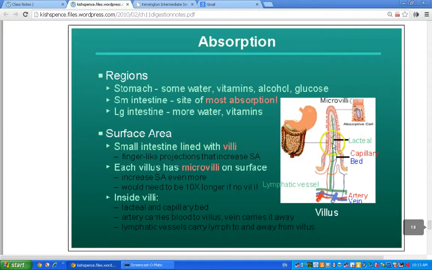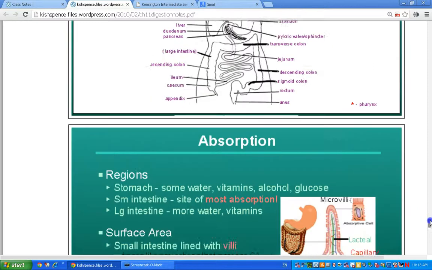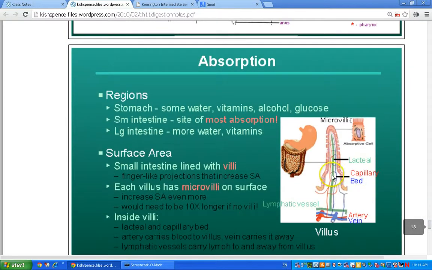Okay, so inside is the green vessel called the lacteal, and it is part of the lymphatic system. There are capillaries in here that can absorb certain things that are small enough, and there's a lacteal in here to absorb the things that are bigger and bulky and can't go right into the capillaries.